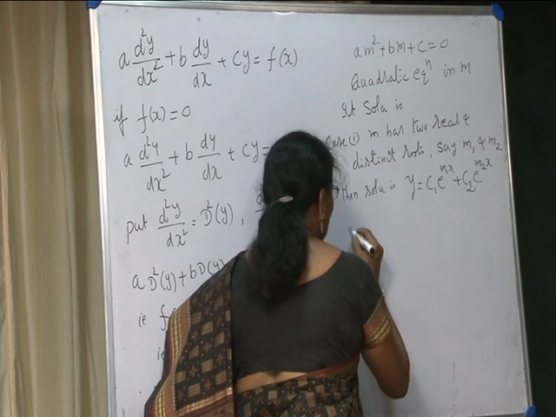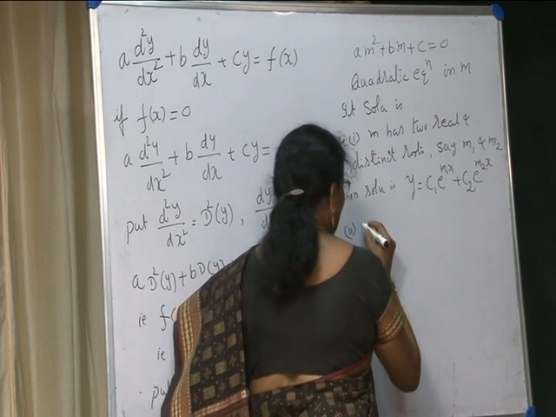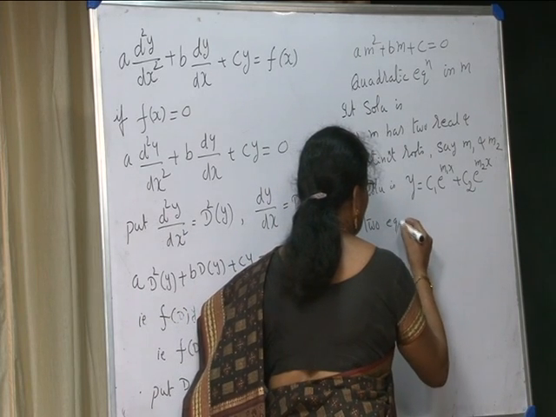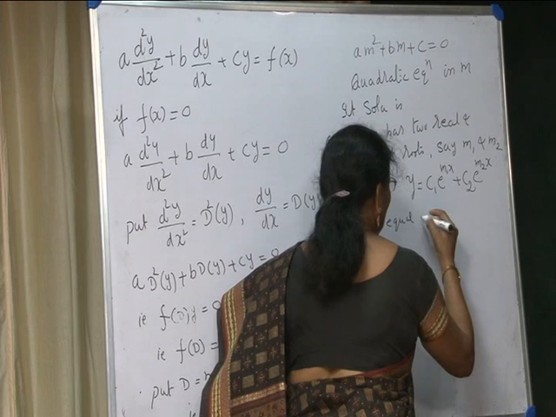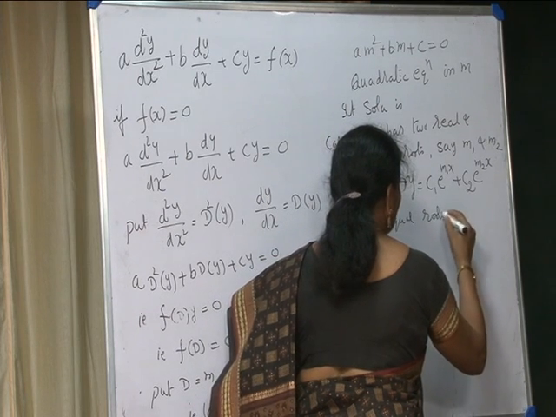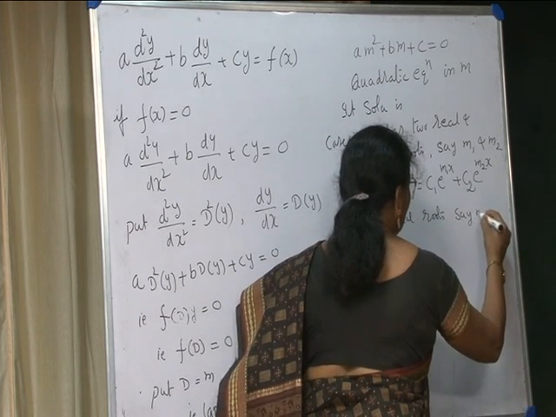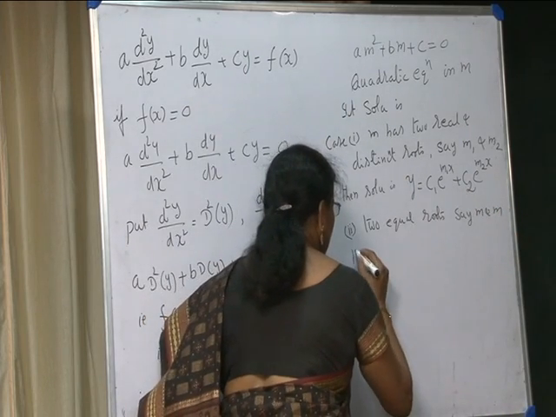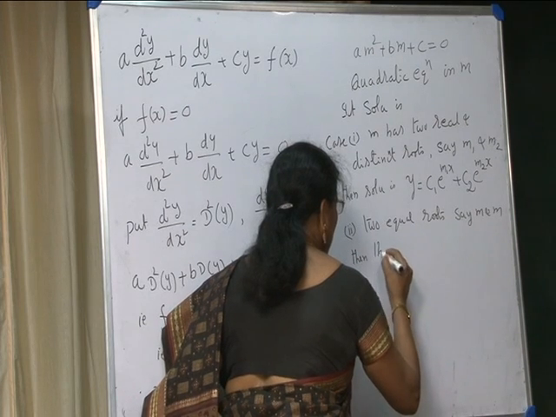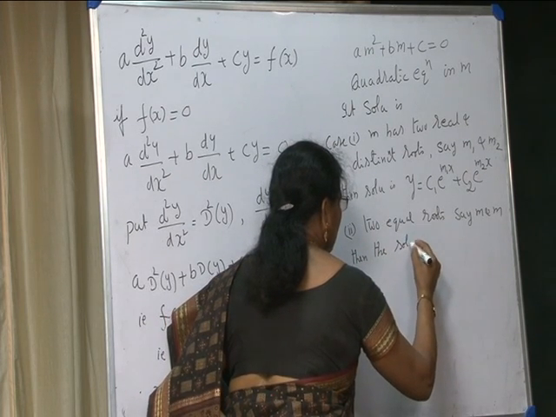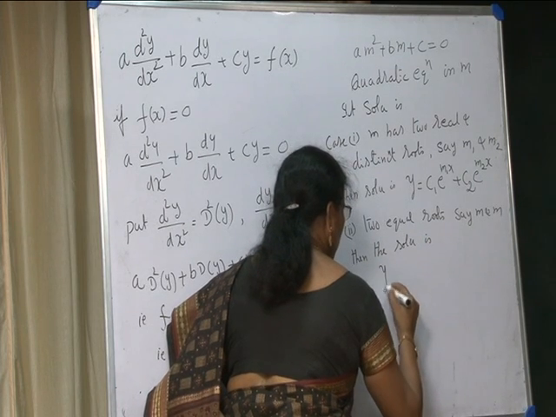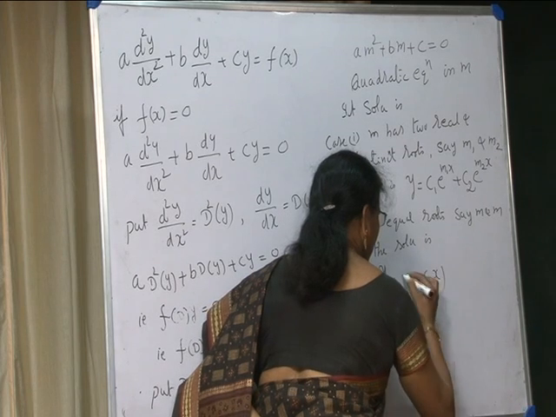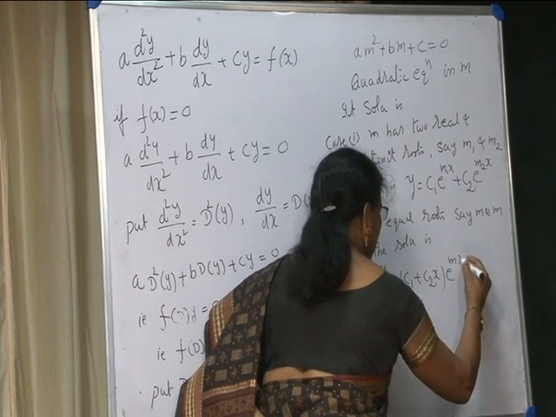Case 2: 2 equal roots. M has equal roots, say m, then the solution is y is equal to c1 plus c2x into e to the power of mx.